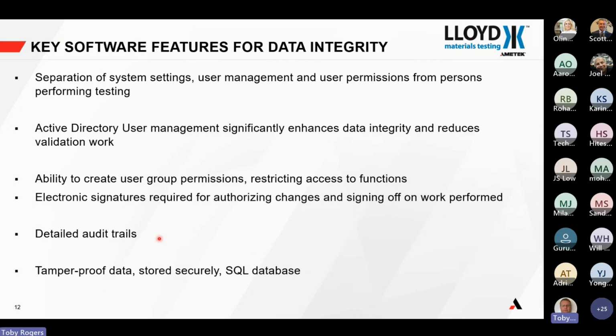Detailed audit trails, a must. And obviously the data that is stored needs to be tamper-proof and stored securely. A typical way to do that would be an SQL database. So those are the sort of headline key software features. And now we'll drop into some of those in a little more detail before we look at the worked example.